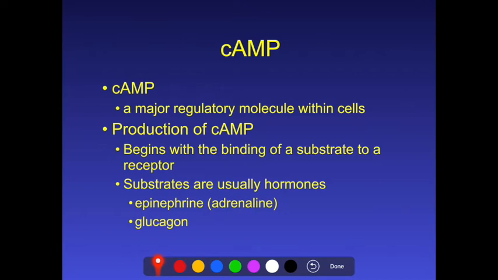The substrates that we're going to look at are epinephrine and glucagon. Now, what you saw before was insulin, the well-fed state. Glucagon is under starvation state, a hunger state. Epinephrine is a signal that will hijack the system, and it doesn't matter if it's insulin or glucagon, the epinephrine or adrenaline will override the system and cause metabolism to run its own course in terms of upregulating all the pathways that create energy.